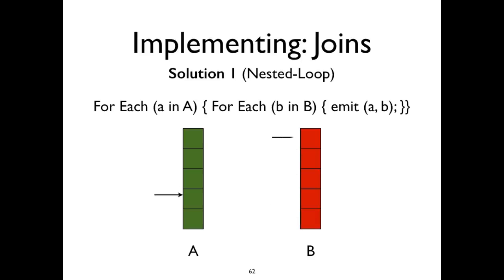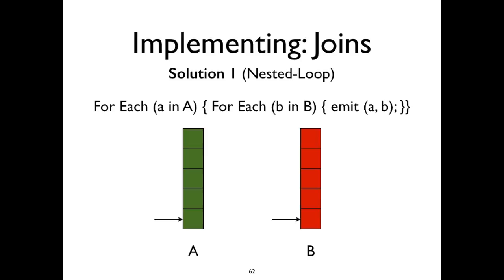But the most simple way of implementing a join is what's called the nested loop join, which you've just seen here. Loosely put, the idea is that you take one tuple at a time from A, and then for each tuple in A, you're going to scan all of the tuples in B, and then combine them.